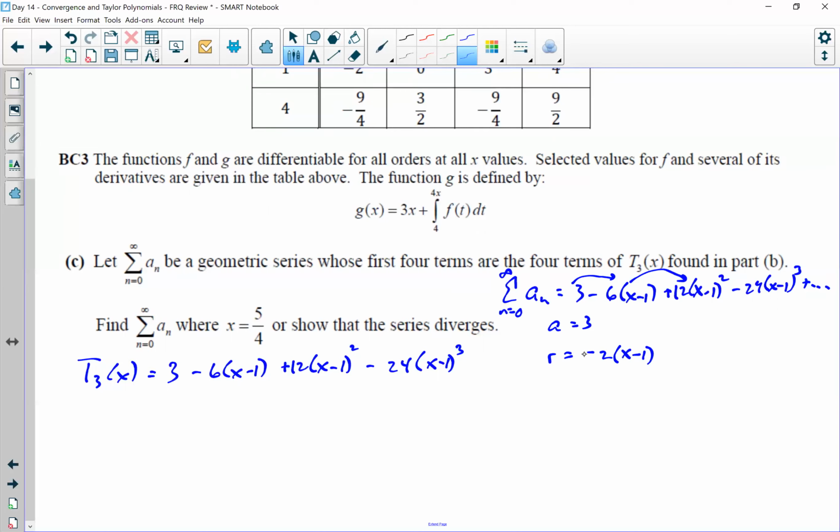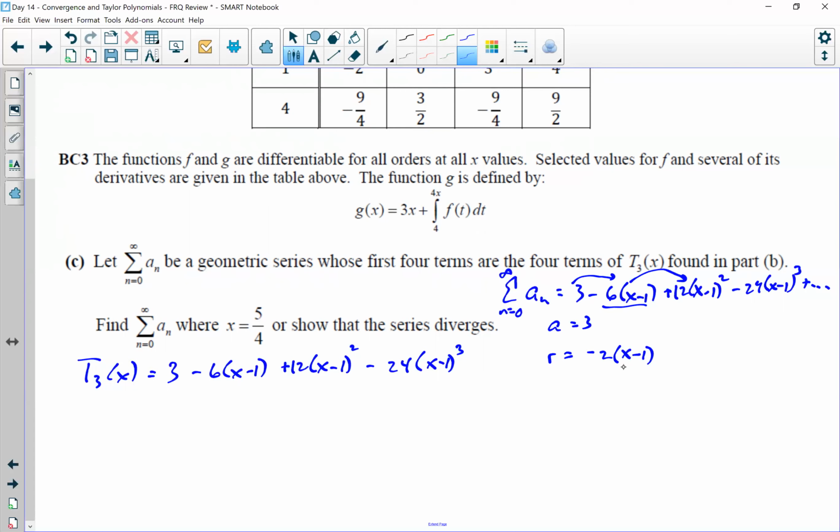If I multiply 3 times -2 times the quantity x minus 1, it generates that -6 times x minus 1. If I multiply by -2 times x minus 1 again, it becomes 12 times x minus 1 squared. If I do it again, we're back to -24 times x minus 1 cubed. So it's kind of a sneaky little way of introducing geometric series, I think.